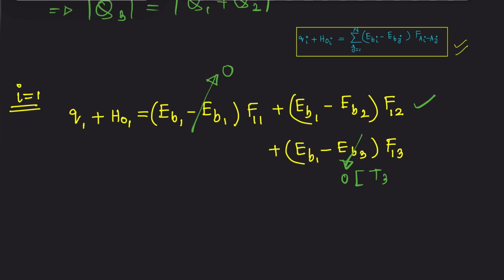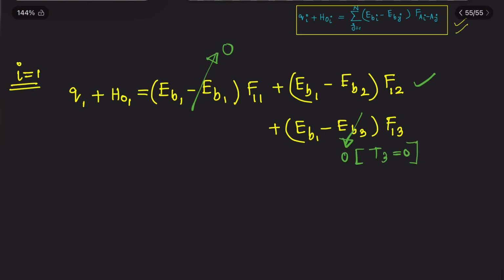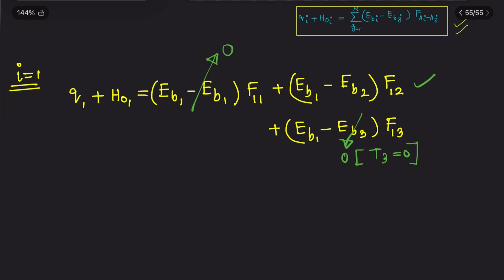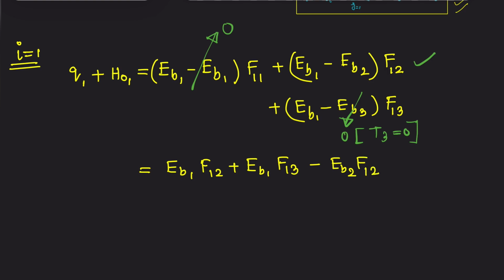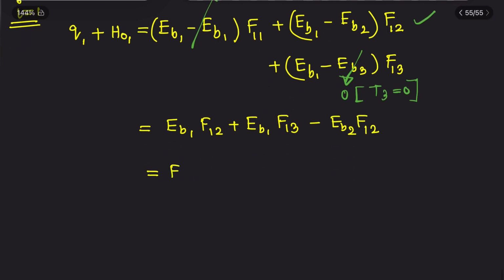Why? Because T3 is equal to 0. Clear? So if I simplify it more, then it will be EB1 F12 plus EB1 F13 minus EB2 F12. Then I can take EB1 common, and this is F12 plus F13 and also plus F11, and because 1 is a flat surface, F11 is 0.